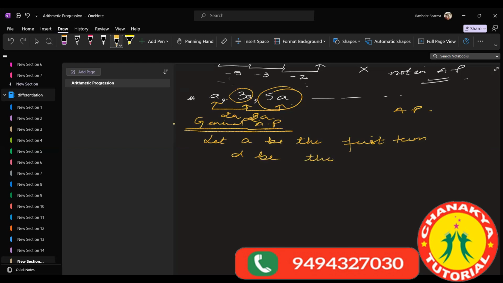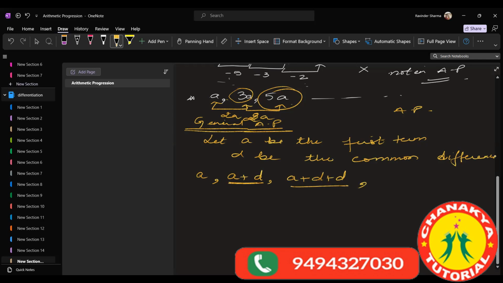Now tell me, Moksha, what is your general AP? Yes, ma'am. This will be A, then A plus D. Now you will add D again to this number, then add D to this number, then again add D to this number.